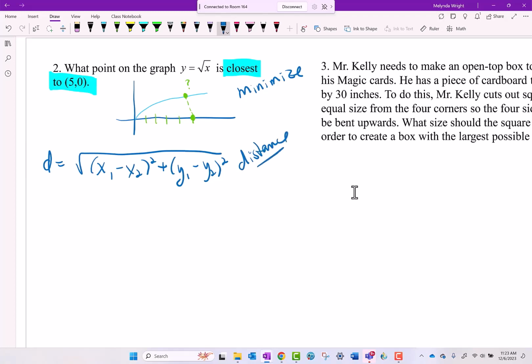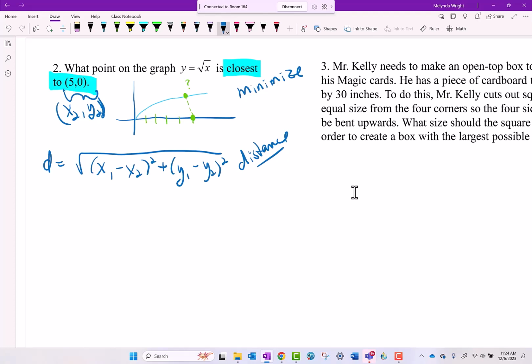Now let's substitute in the information that we have. When I'm using a distance formula on optimization, I make the point my x2, y2. The reason is I would rather subtract a number than a function or a variable. You don't have to; that's just what I do.